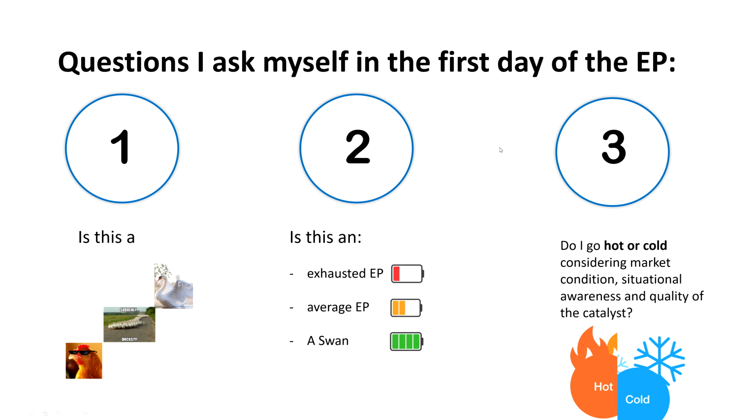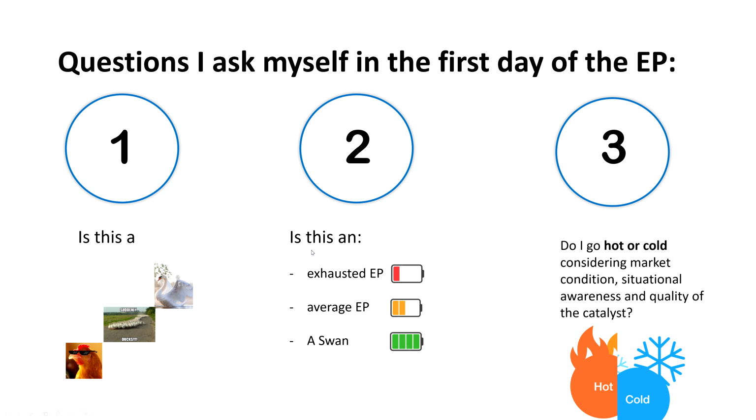Let's assume I'm in pre-market and I hear news that sounds like a catalyst that will move a stock up, and it already appears as 8% plus in pre-market. So I assume, okay, this could be a catalyst. The first question I ask myself is: is this a chicken, duck, or a swan?